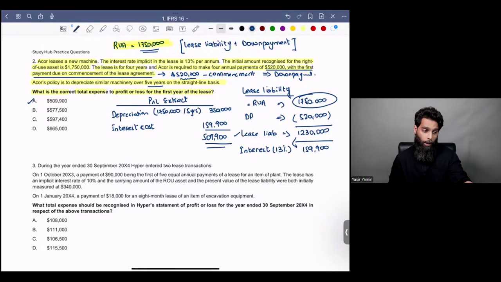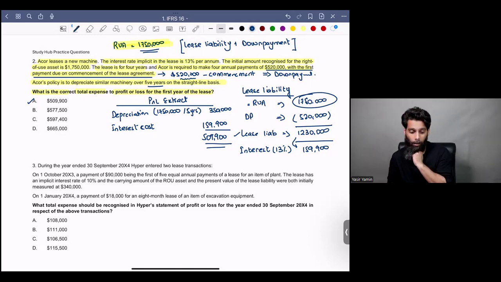Okay. So Mohammed has a point. Mohammed is saying, sir, the lease is for 4 years. You tend to say the lease is for 4 years, but the depreciation has been calculated for 5 years. Why is it so? Why didn't you calculate the depreciation on 4 years?